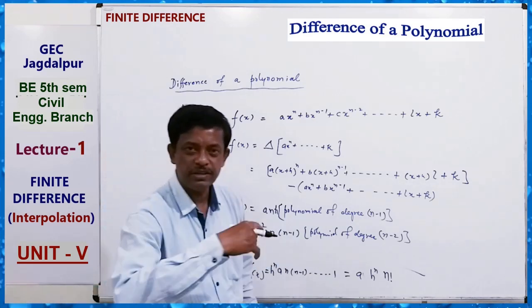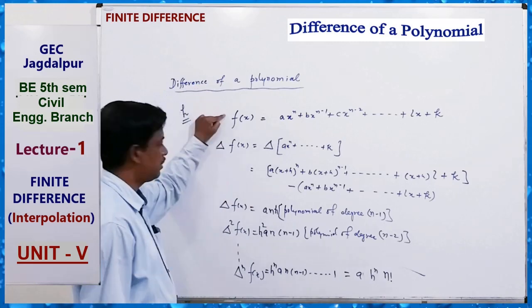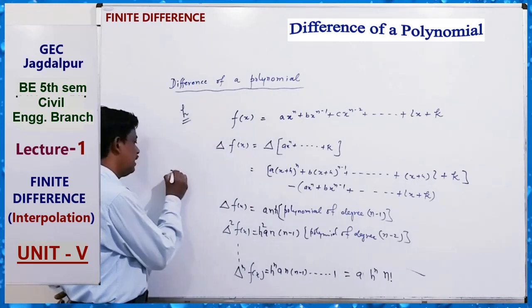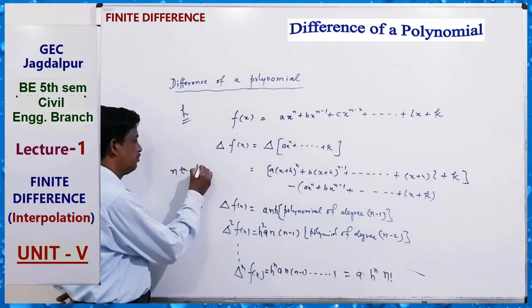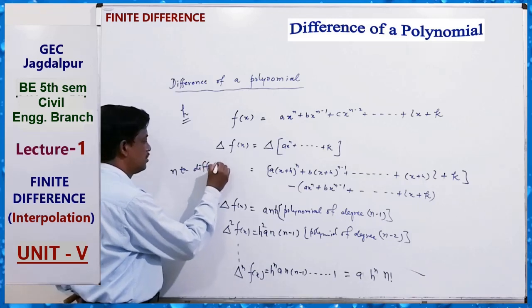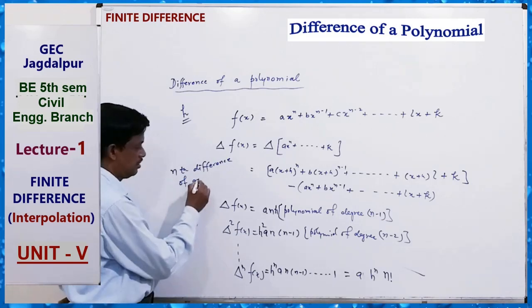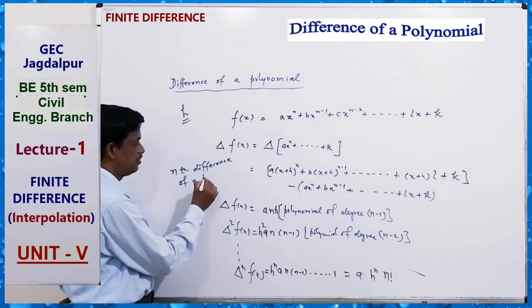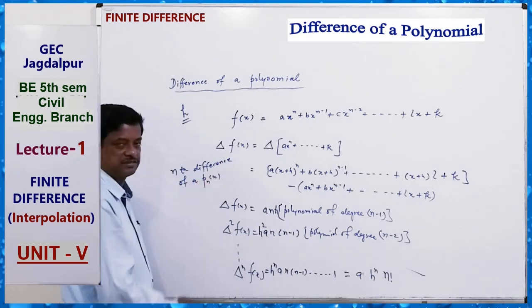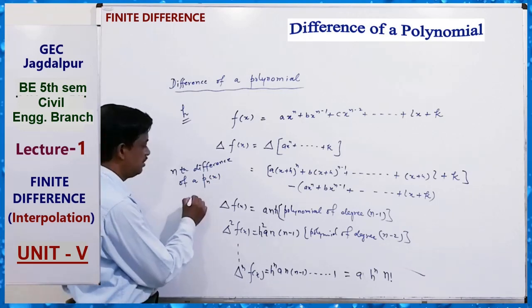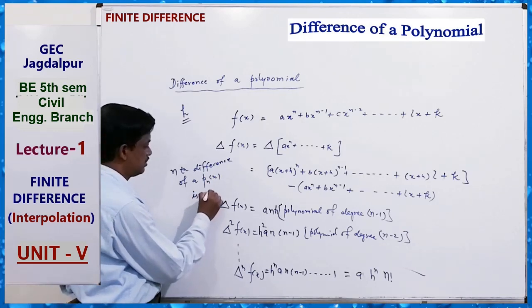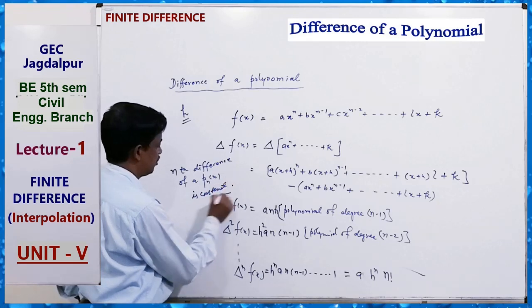So from here we see that the nth difference of a polynomial P_n(x) is constant.